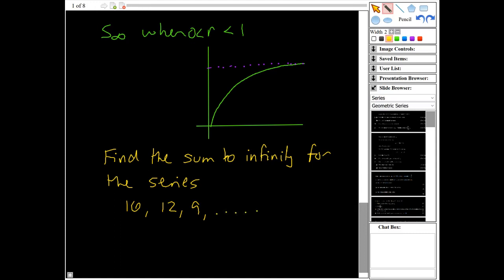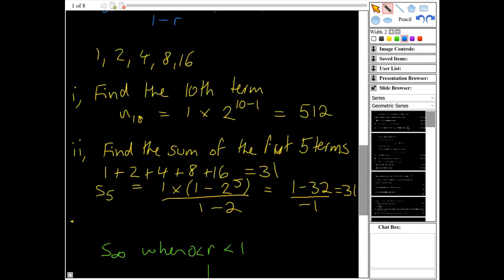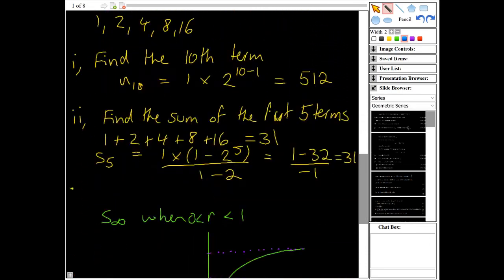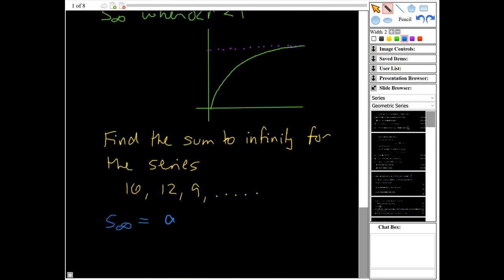Okay, so our equation for sum to infinity is equal to a over 1 minus r. And r has to be, or the modulus of r has to be less than 1.